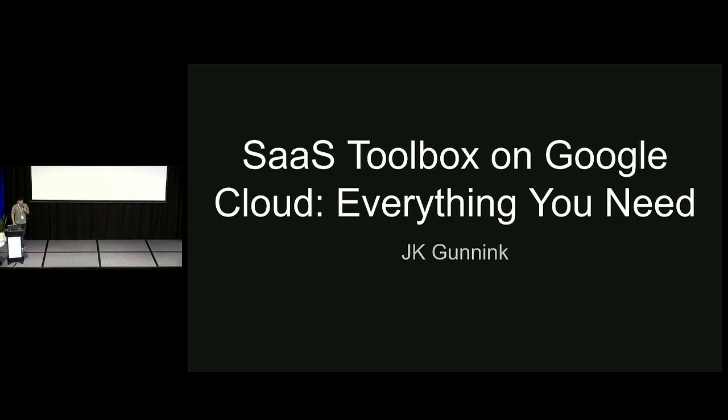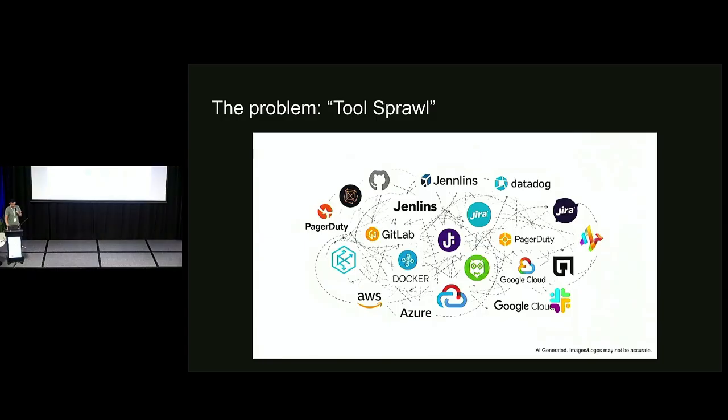So you might have come across this problem before, tool sprawl. Now this intentionally uses AI-generated images, so they're not correct, but let's go with it. So you might have come across things like Datadog or Jenkins to build your application code, Datadog to do logging or tracing. You might have used various cloud providers to do different bits and pieces, and alerting through PagerDuty or something like that.